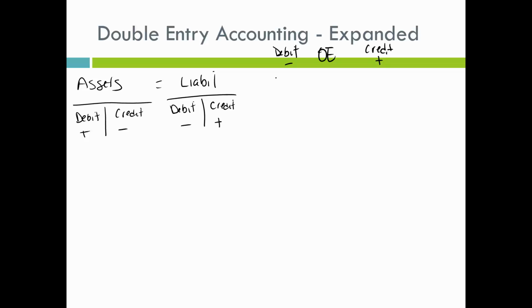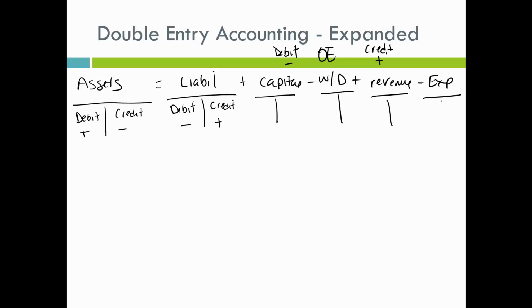But we know we have four different types of accounts in the owner's equity. So I've got capital. Withdrawals, however, are a minus. Withdrawals take away from owner's equity. Revenue adds to owner's equity. That's a plus there, sorry. Plus revenue. And then expenses take away from owner's equity. So the two things that add to owner's equity, capital and revenue, look just like I said owner's equity looks like.